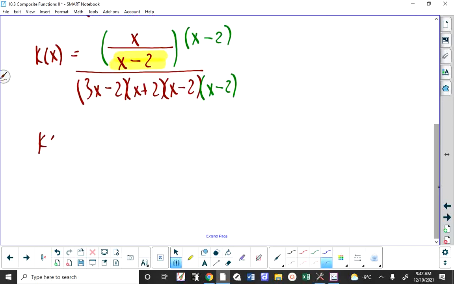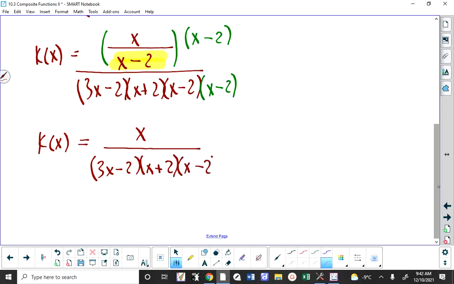and get k of x equals x in the numerator over, I'm going to have a 3x minus 2. I'm going to have an x plus 2. And sadly, or maybe happily, I don't care what your outlook is here, nothing cancels, right? We don't get a chance to cancel those x minus 2's or anything.